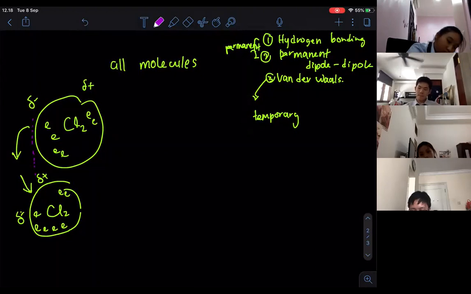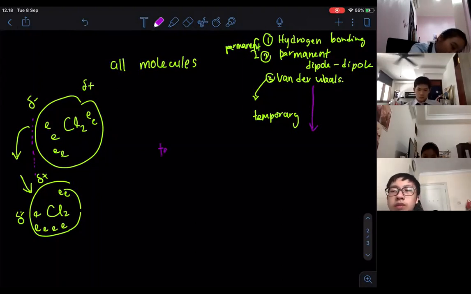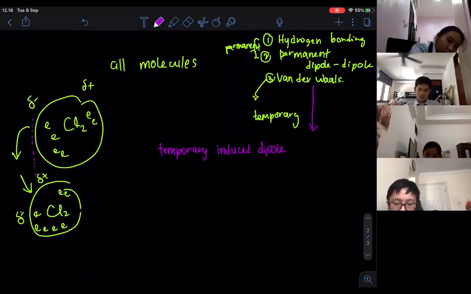Now, this is called van der Waals forces. And there is another long name for that. It's called temporary induced dipole. Now, what is induced dipole? Because of the movement of electrons, you have delta negative and delta positive.